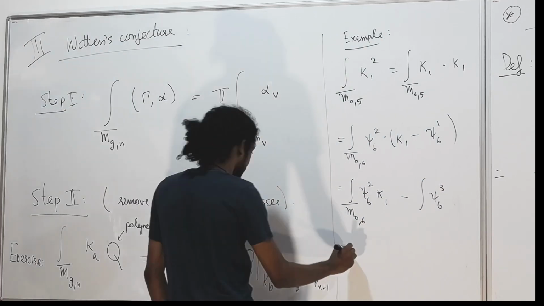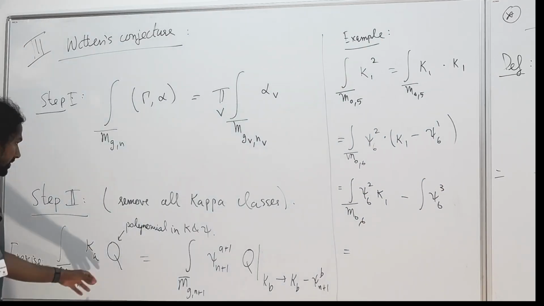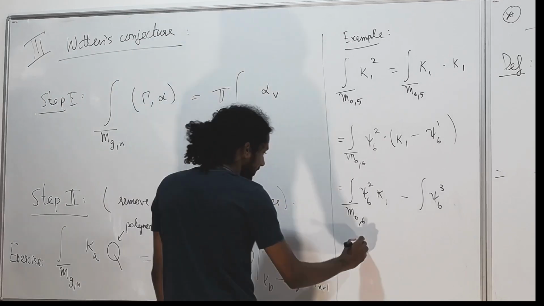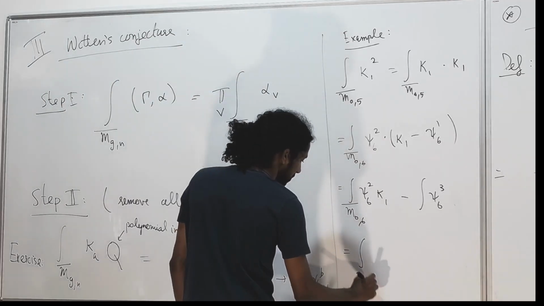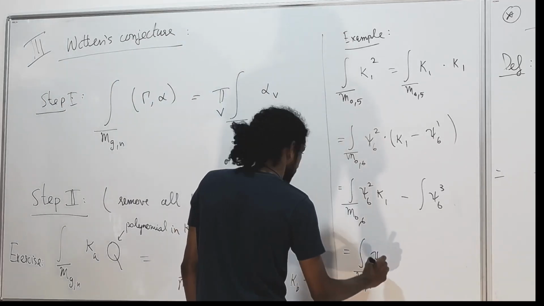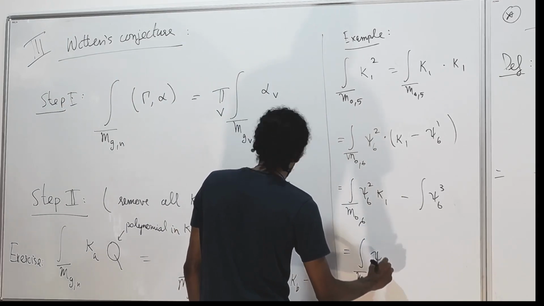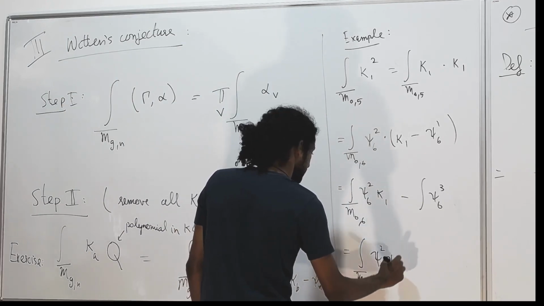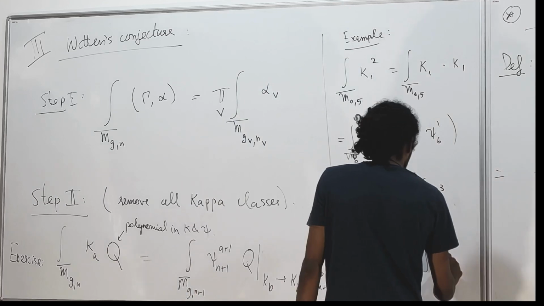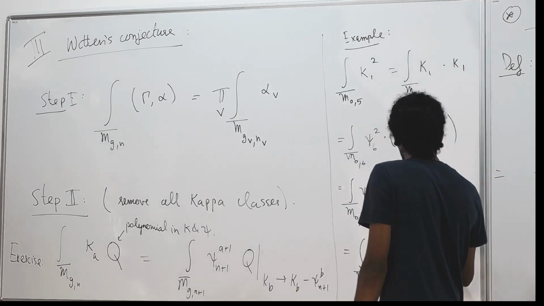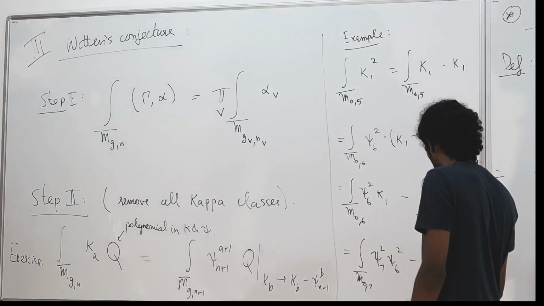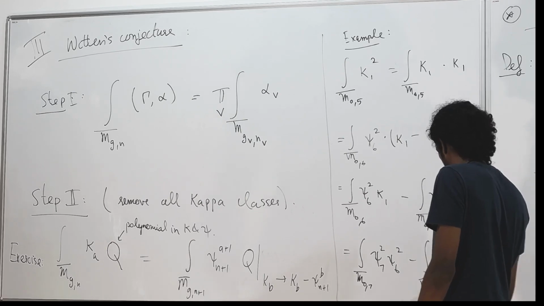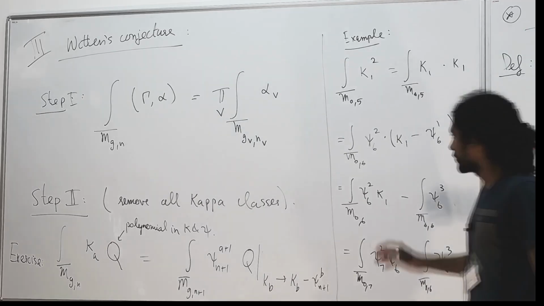Now I use this formula, and I replace this kappa 1. I have to go up in dimension. Psi 7 squared, 6 squared, just to illustrate that.